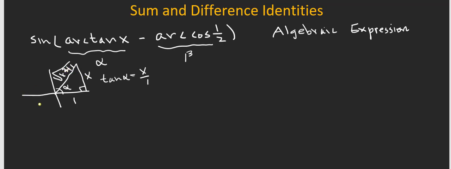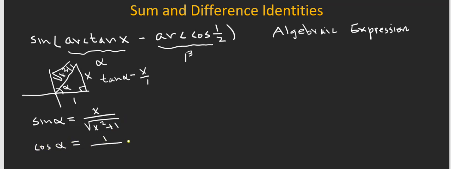Okay? So what is sine alpha in this case? Sine alpha will be x over radical x squared plus 1. And what is cosine of alpha? Well, that's going to be 1 over radical x squared plus 1. Now let's work on beta.